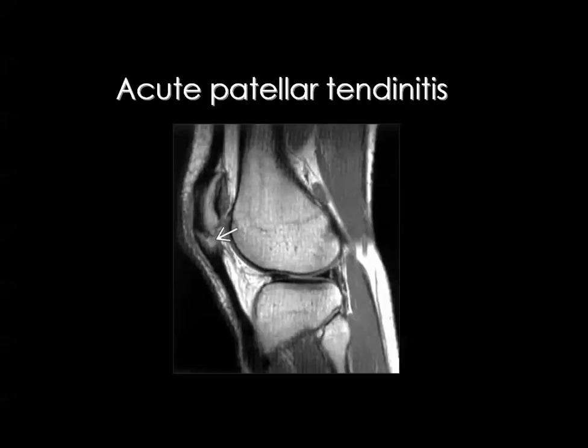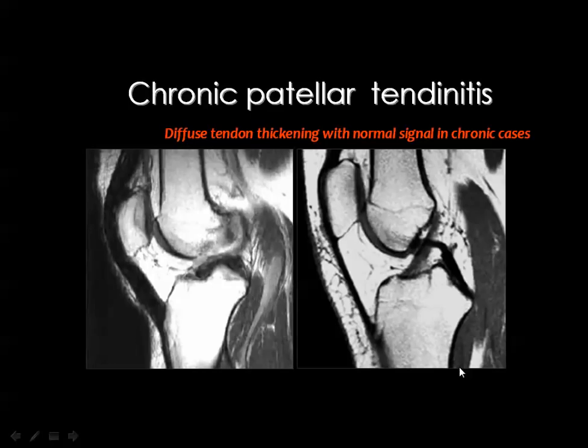The presence of intermediate signal in the patellar tendon near its patellar attachment indicates acute patellar tendonitis. But if you see that the patellar tendon is diffusely thickened along its whole course, maintaining its normal signal intensity, then you can call this chronic patellar tendonitis.